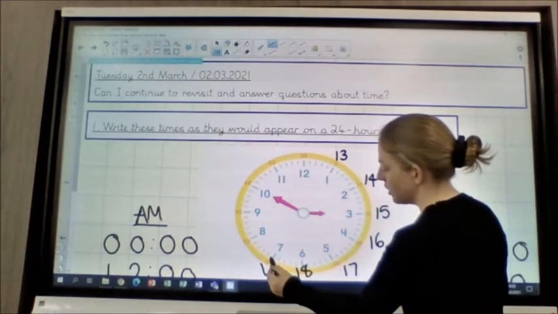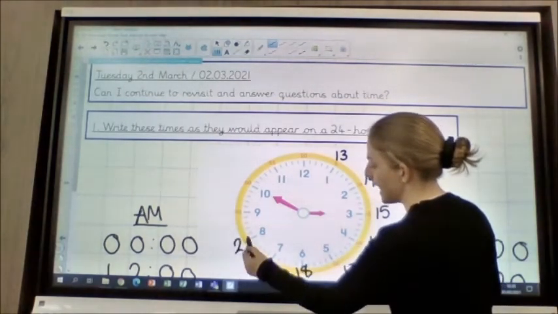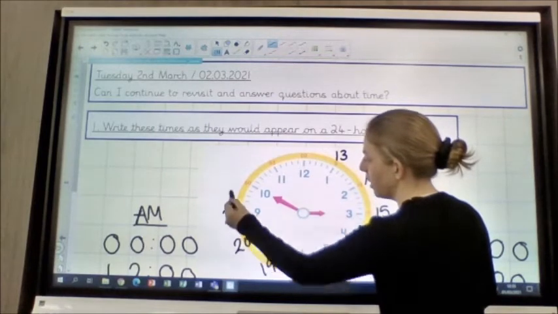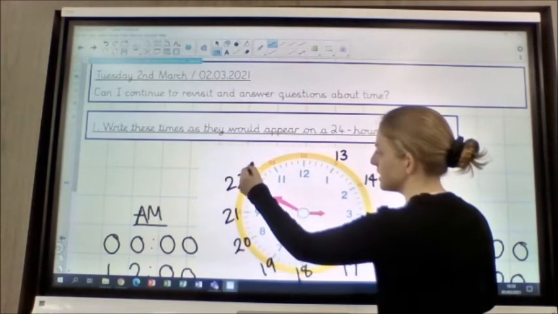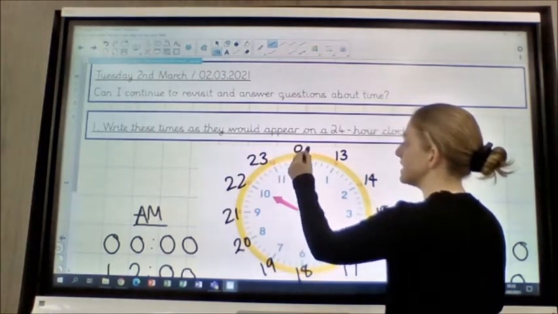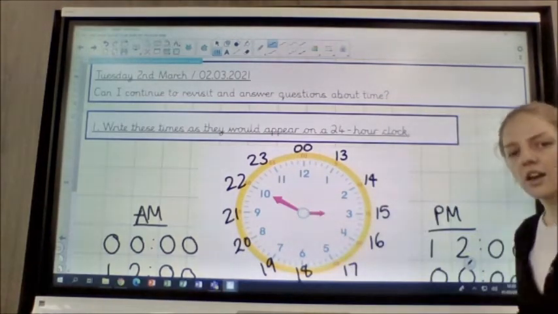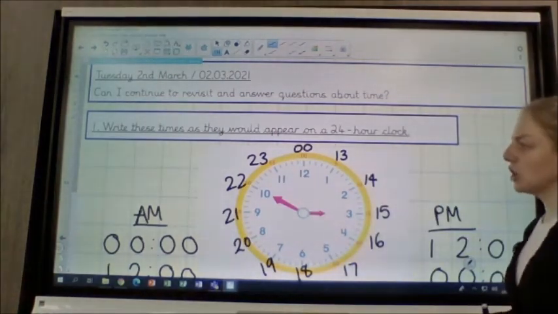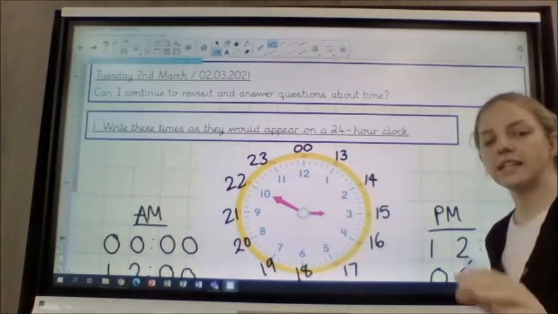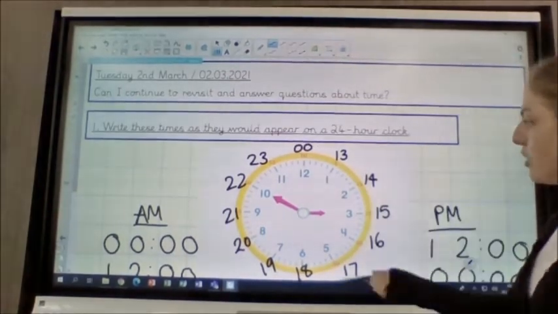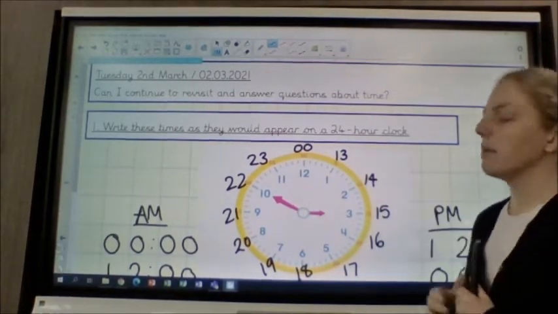until you reach midnight, when the clock decides to reset itself again. Okay, so on a digital clock, your numbers go from 0 all the way through to 0 again.